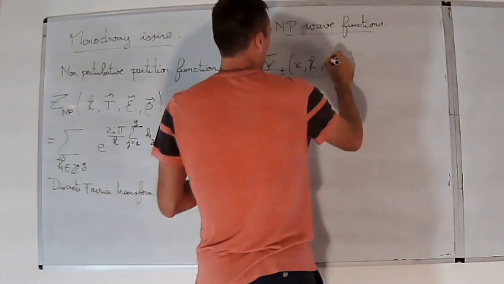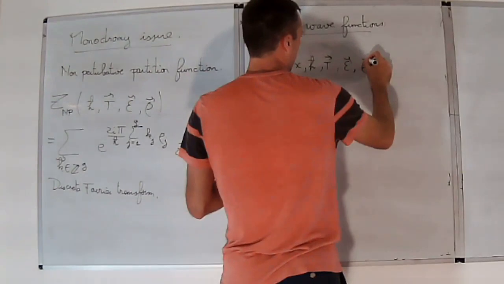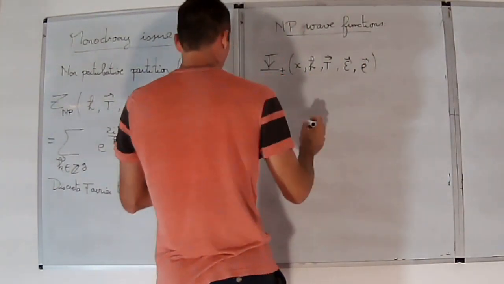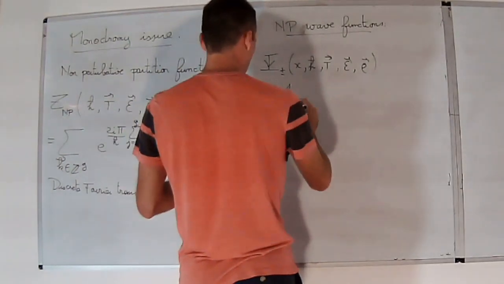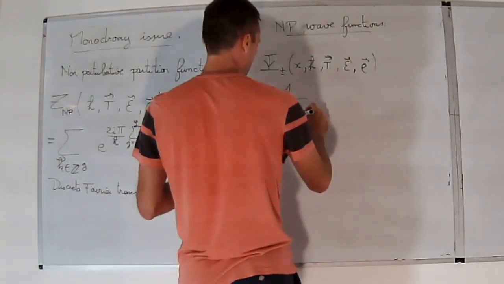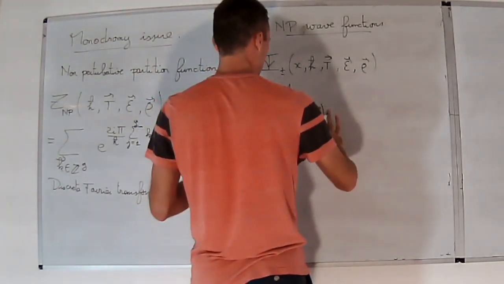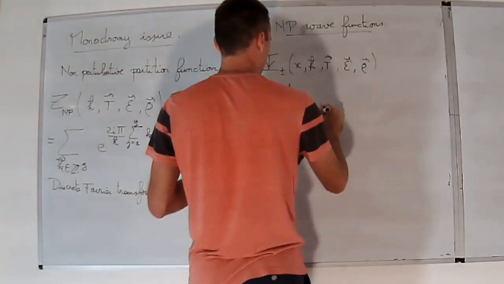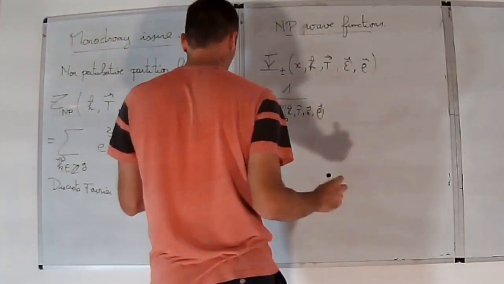It depends on t, epsilon, rho. And this is defined, so you've got your 1 over Z. So the perturbative one depends on h bar, t, rho. Sorry, over here. So this is the non-perturbative one.